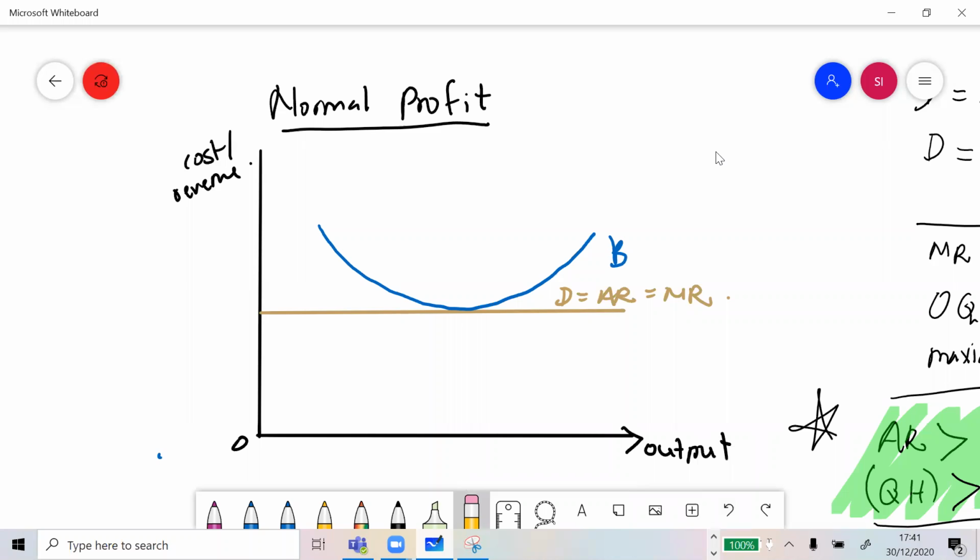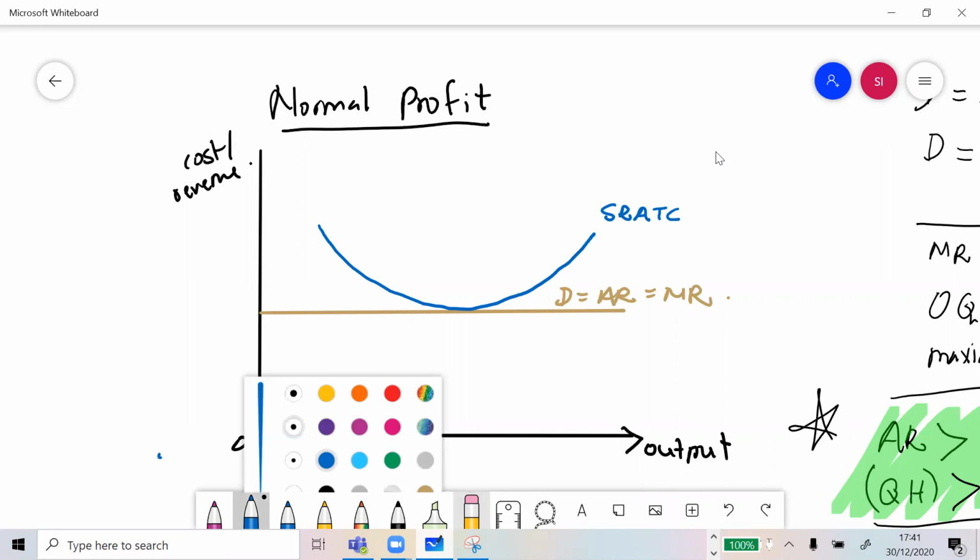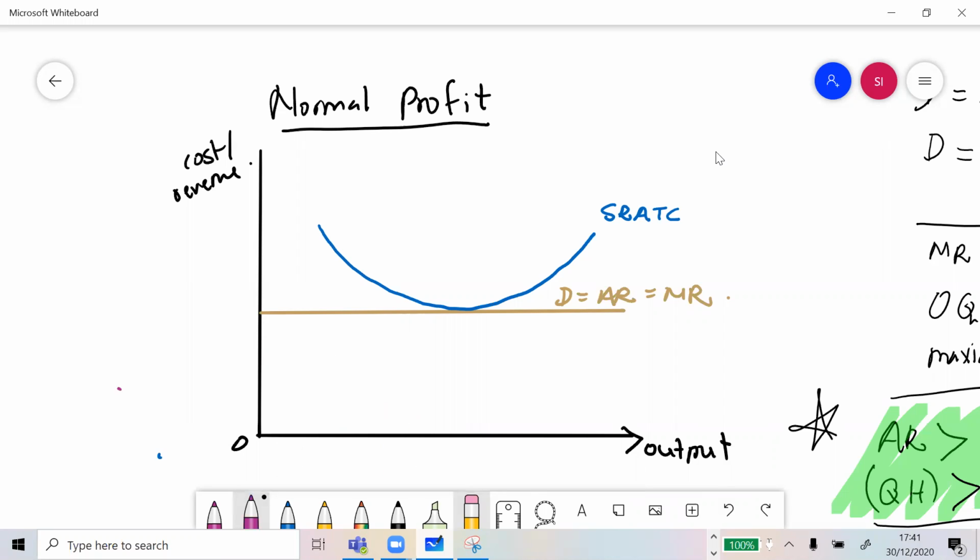Now we are looking into normal profit, and in this case your short run average total cost curve would be equal to the D curve. So this is how the curve is going to look, and then next we are going to derive the average variable cost curve, which can be below this point and parallel to ATC.